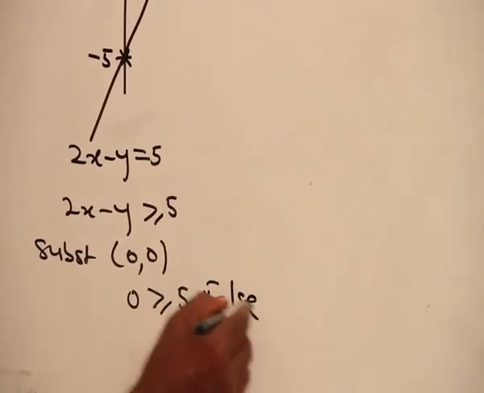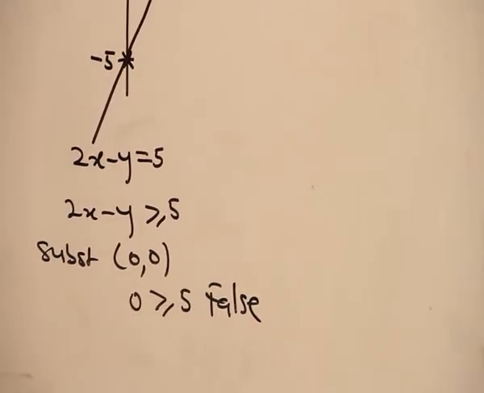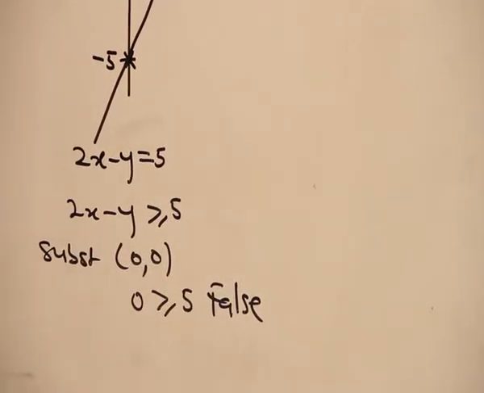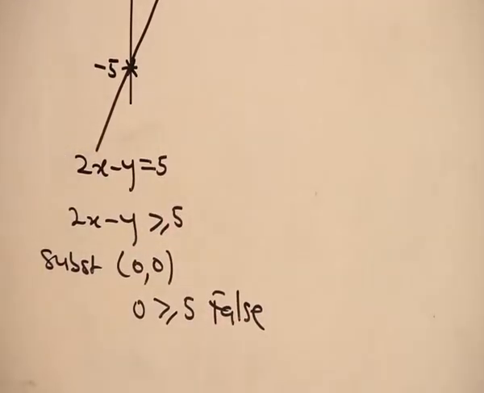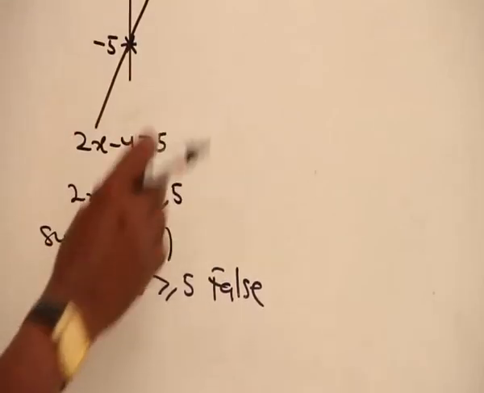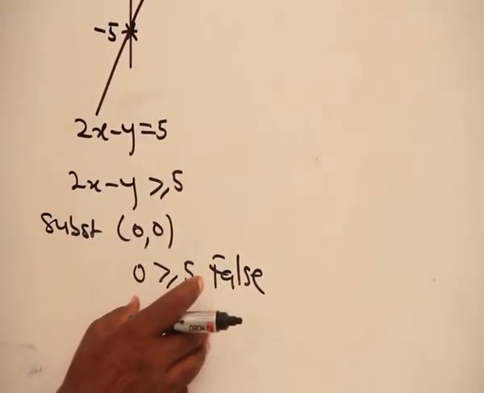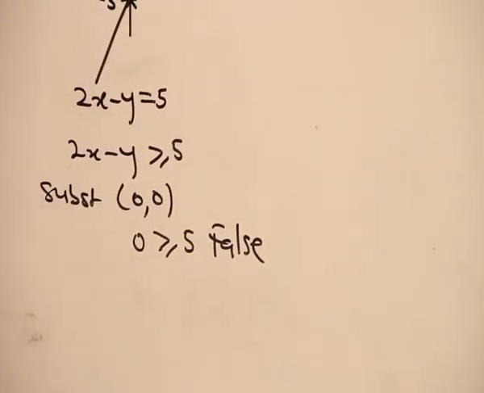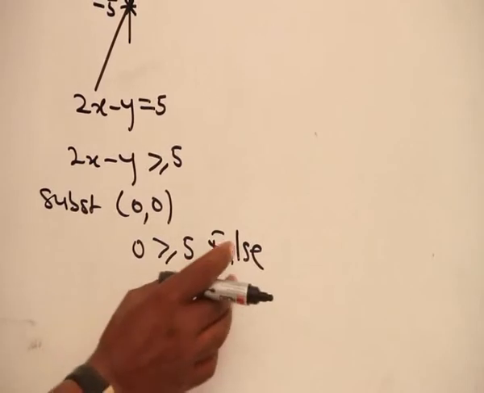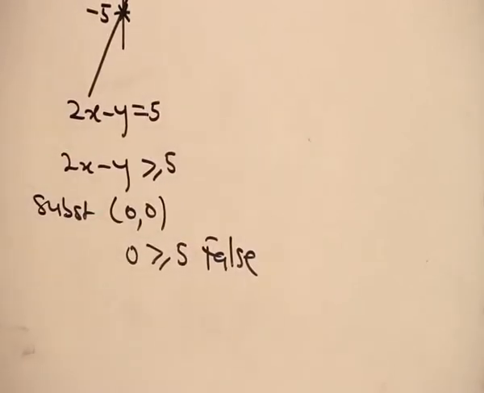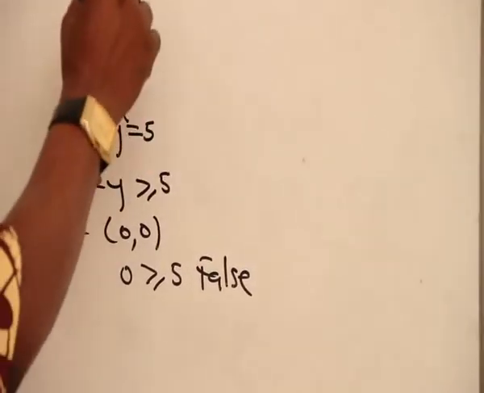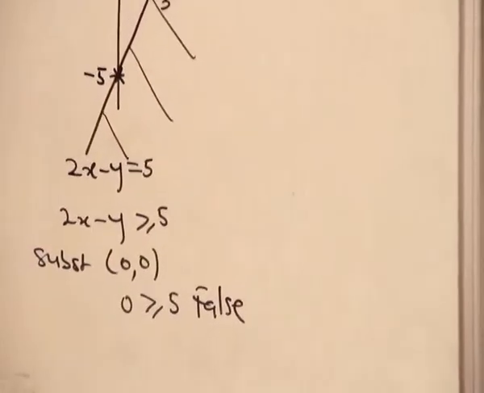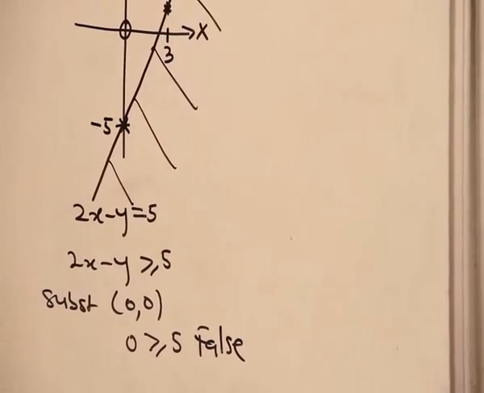No, false. Then don't shade towards the origin, shade the other part. That is what the test is telling you. If it were true, we would shade towards the origin, 0, 0. But since it is false, you will shade downwards. So shade downwards, like this. This is the region where the solution lies, and you will have solved the problem.